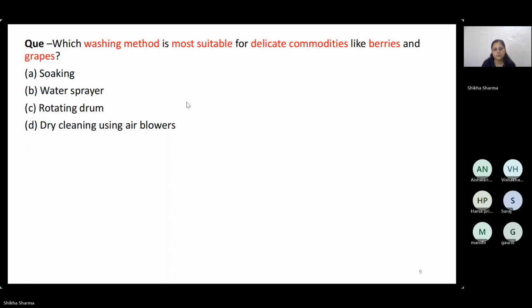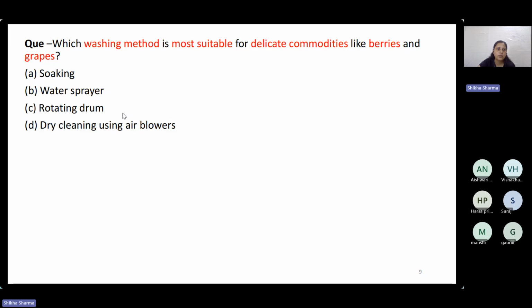Suraj is saying dry cleaning using air blowers. Okay. Anyone else? And soaking. Yes, ma'am. Okay, soaking. We got a second answer as soaking.